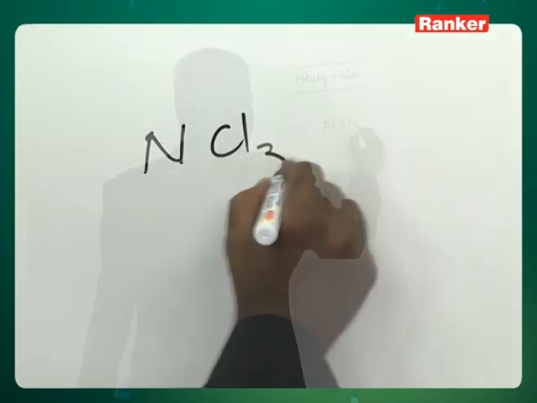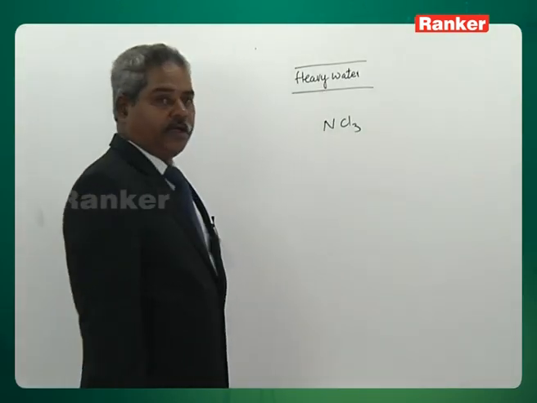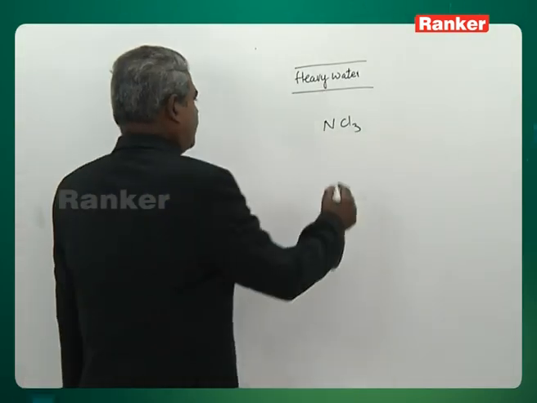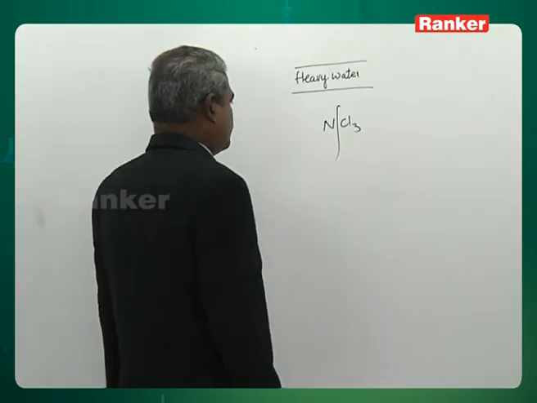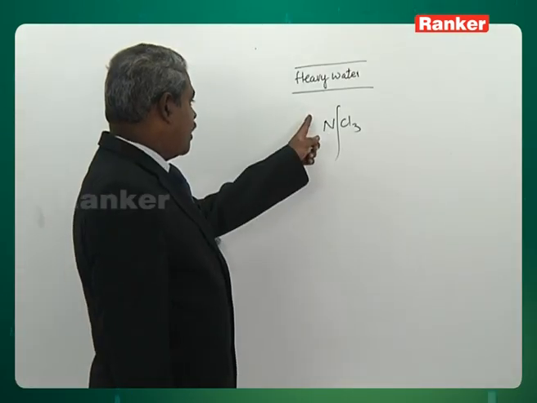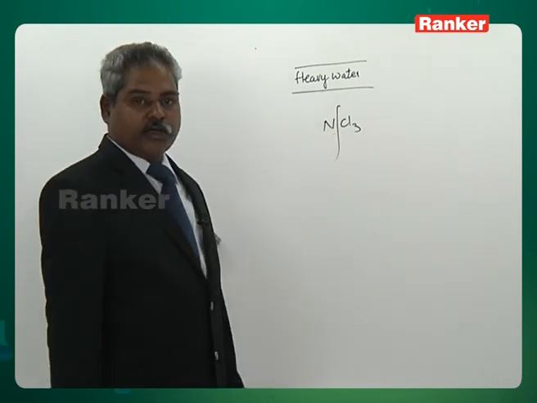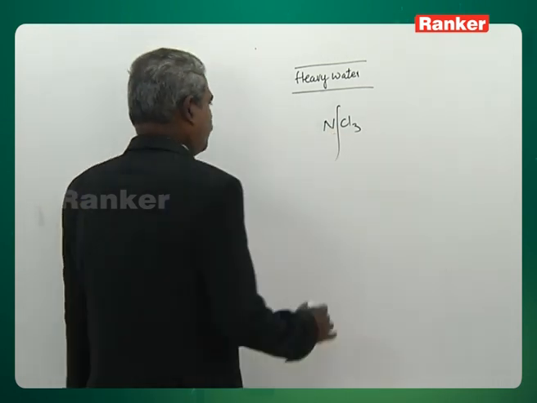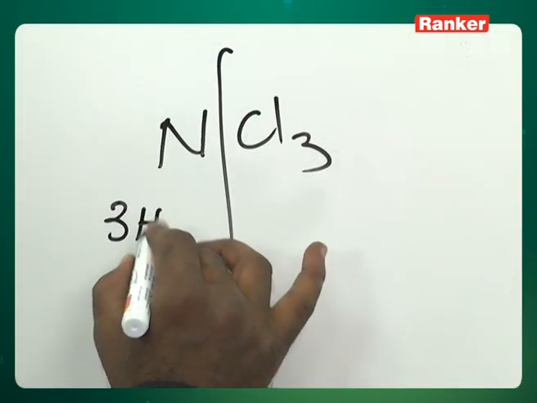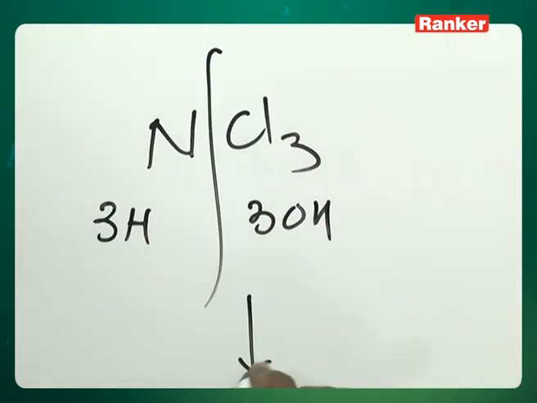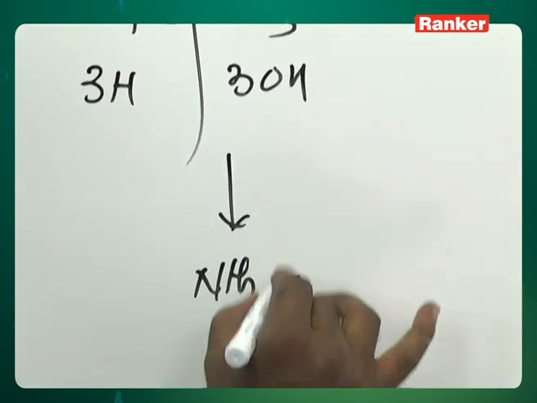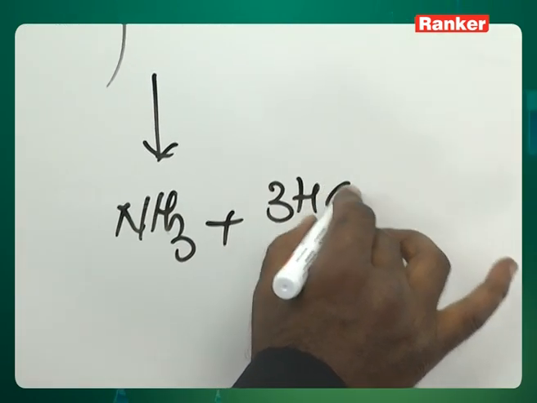Carefully, NCl3. Break the bond. Who is plus, who is minus? Nitrogen is more electronegative than chlorine. FONCl, chlorine is next to nitrogen. Therefore, 3H, 3OH. You get NH3, 3HOCl.